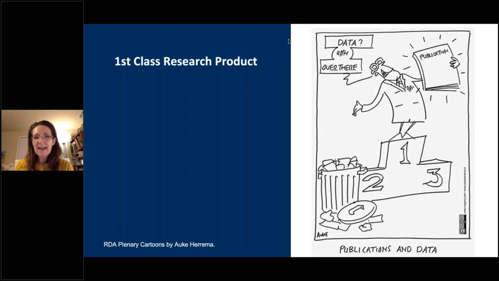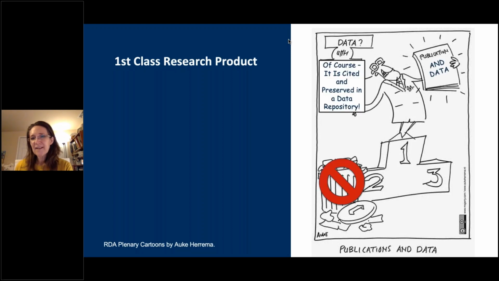But I add a little bit of bringing it more forward to what we're trying to do today: we do care about publication and the data and the software, in ensuring that it is cited, it is preserved, and it provides credit to those who have been the authors for that important research product.